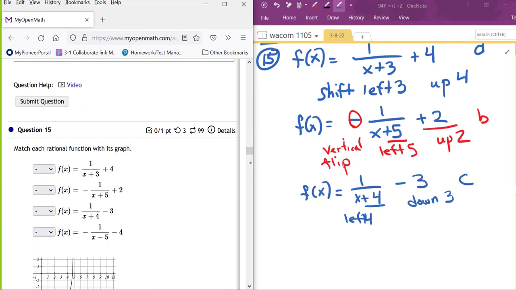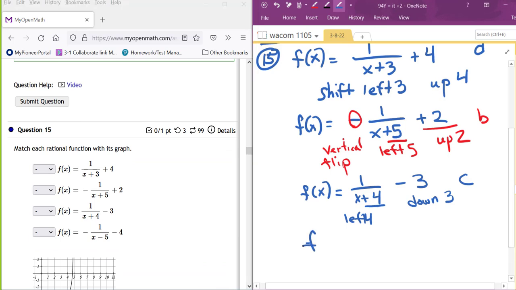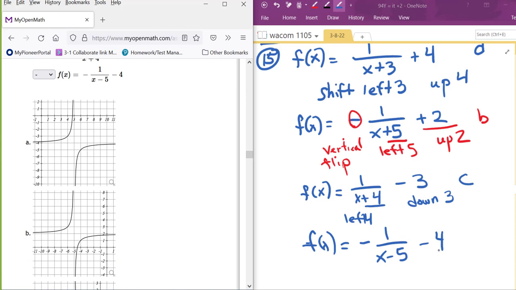And there was only one more. So by process of elimination, it should be A. We will see if that is true. This one flips, so it's going to be in the other quadrants. And it is flipped. It's going this way and this way instead of the other way.